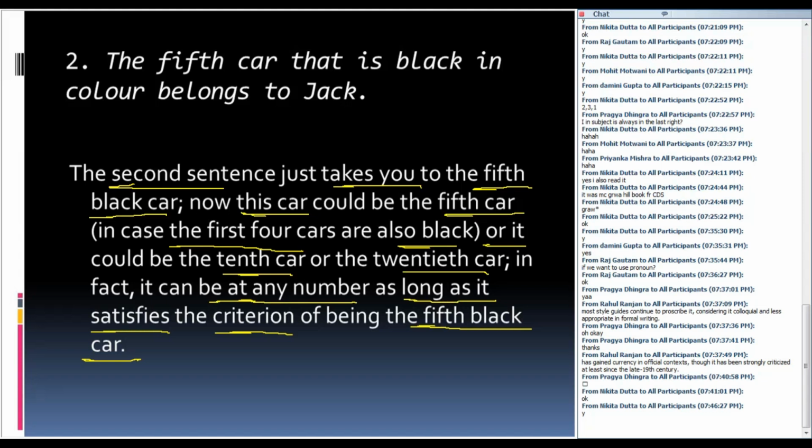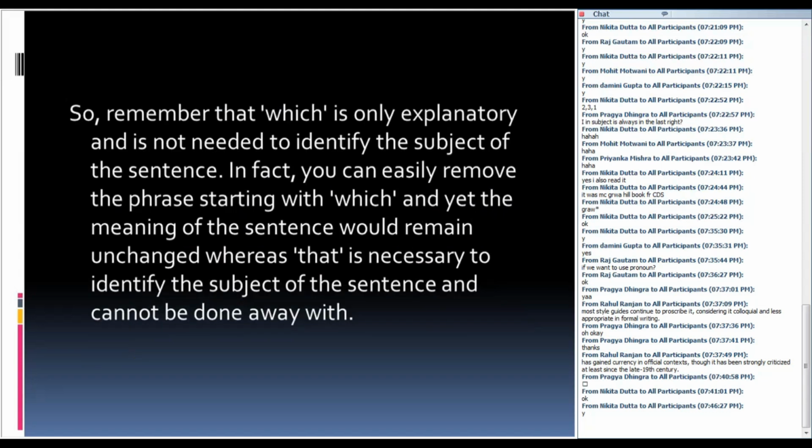Thus, whenever you use the word "which," there are certain rules that you should follow, even though I've seen many people not following those rules. There are many authors that do not follow those rules. But according to grammar rules, remember, whenever you use the word "which," the information that you're giving is only explanatory.